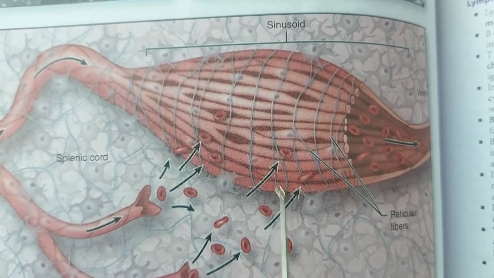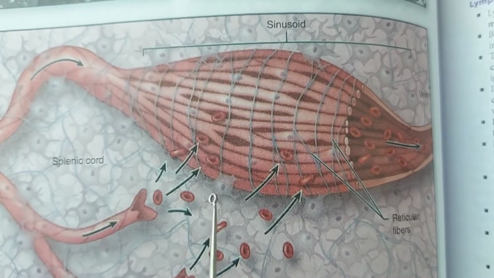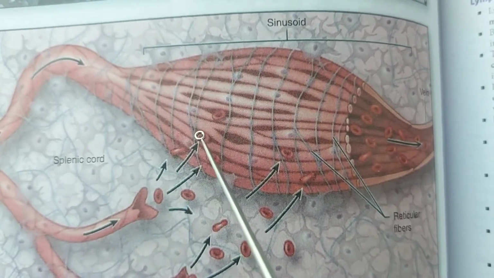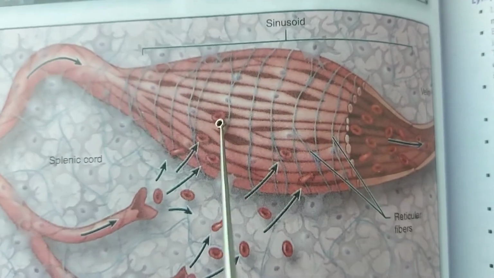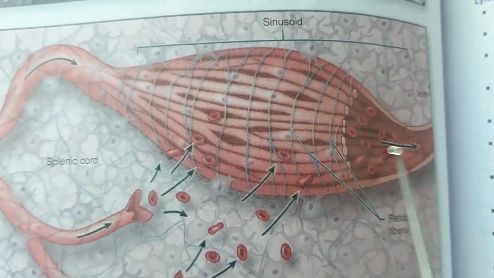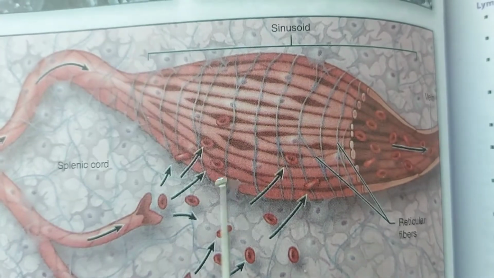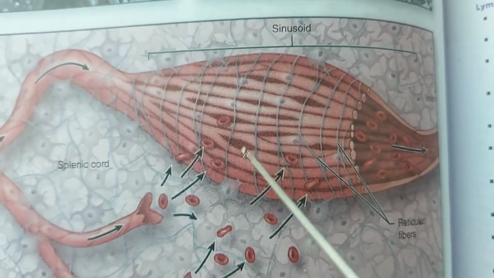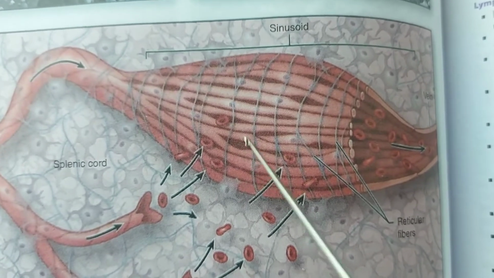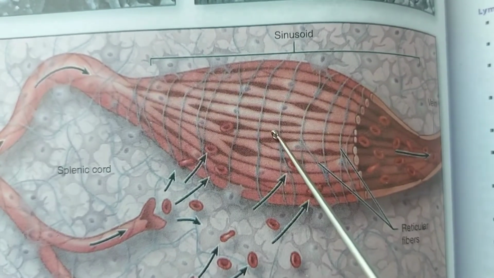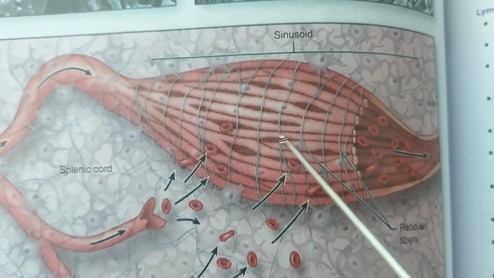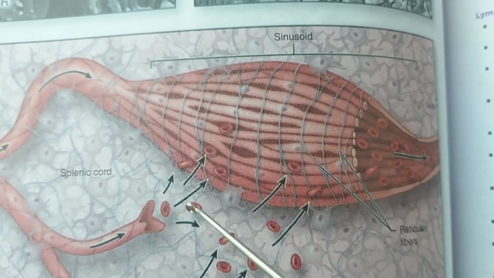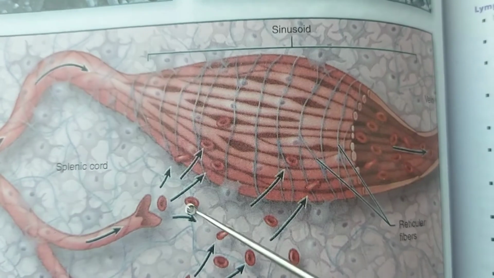When the red cells are poured in here, the capable red cells that are flexible can enter into the sinusoids, and they finally enter into the circulation. Those that are old and fragile cannot enter through the pores of this capillary sinusoid, and they are destroyed in this part of the red pulp of the spleen.